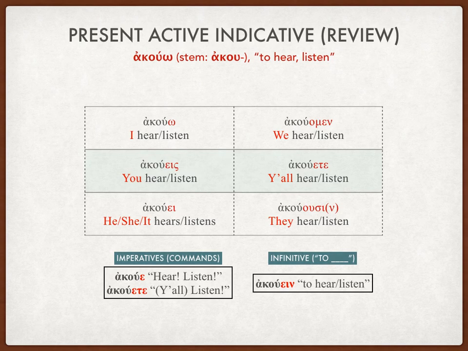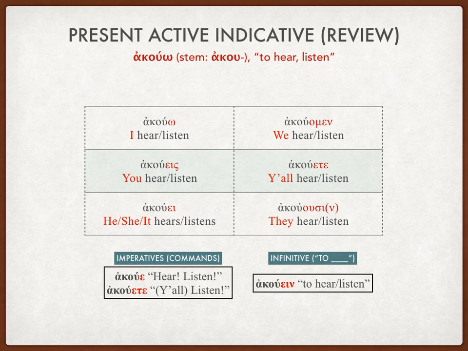Second person plural, akuete, y'all hear or listen, akuete. And finally, they, the very easy to hear, akuousi, akuousi. Notice there's that diphthong back to back, ou, that goes back to back in the pronunciation. Akuousi, ousin or ousi is the ending for they, third person plural in ancient Greek.